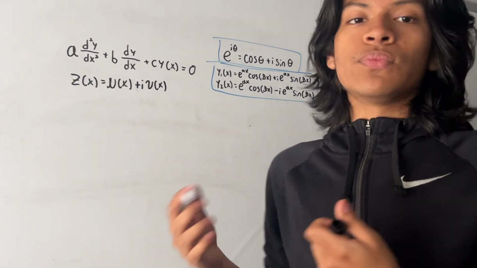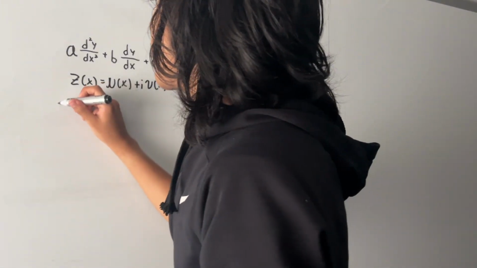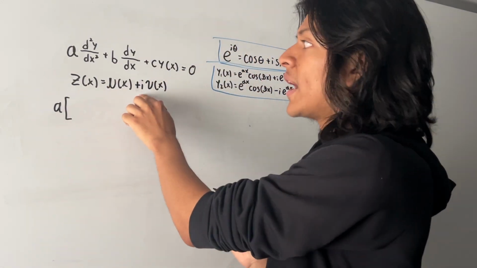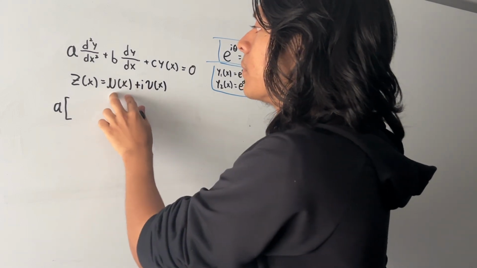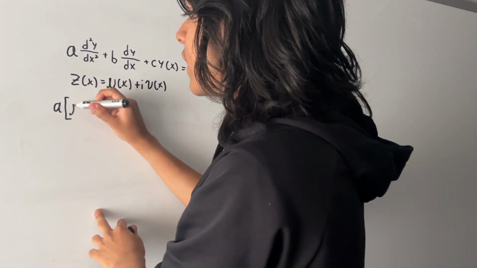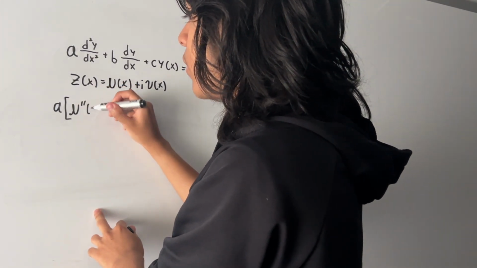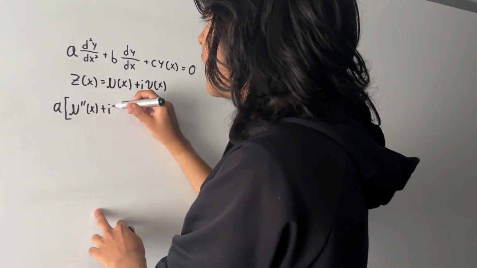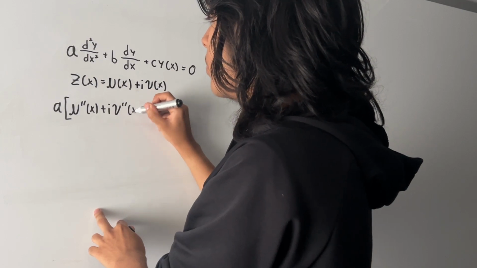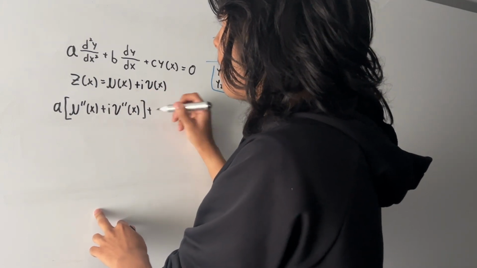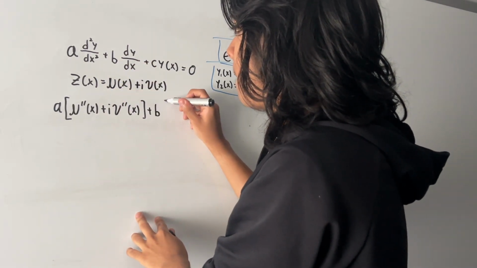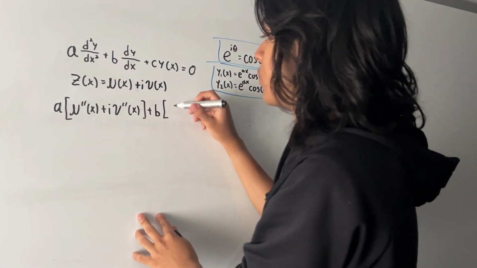Well, if it's a solution, we're just gonna plug it in. So we have a. If we take the second derivative of this part, i is just a constant. So when we take the second derivative, we're gonna get u double prime of x plus i v double prime of x. Same thing with this second part right here, b. We're just gonna do the first derivative this time.